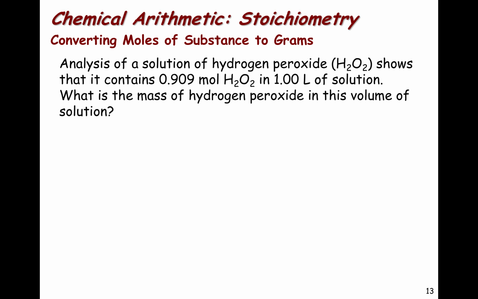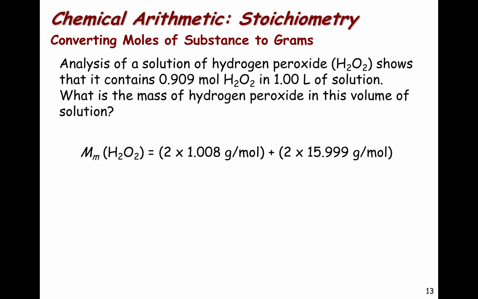Well, the given that we need to start with here is the 0.909 moles of hydrogen peroxide. And since we need a conversion factor to convert between moles and the goal of the question, which is mass, that needs to be the molar mass of the compound. This is not a given in the problem, but it's something we can calculate as long as we know the formula.